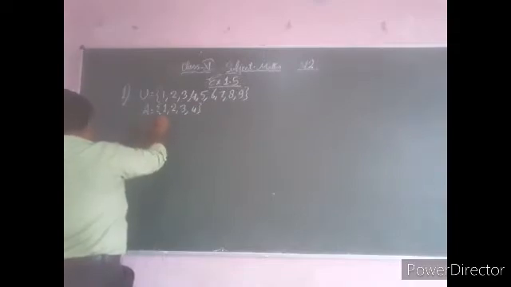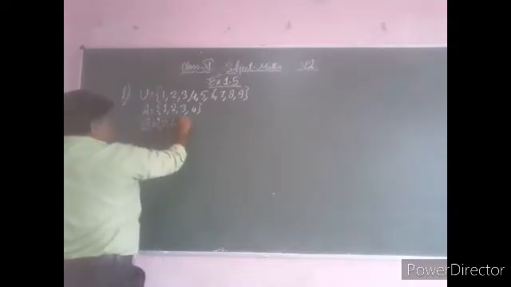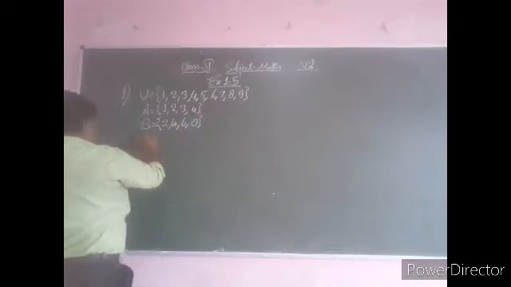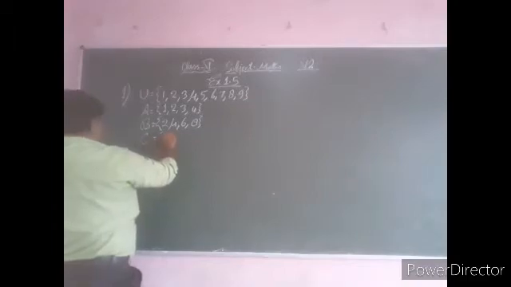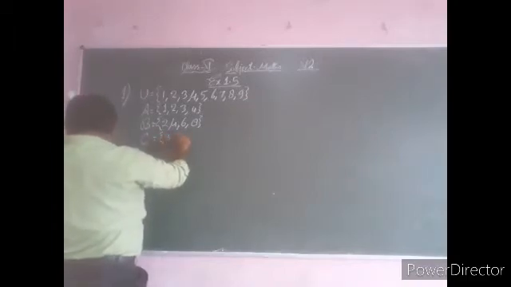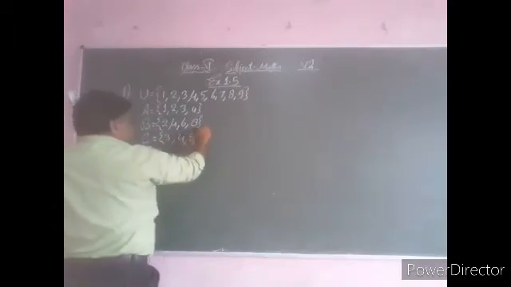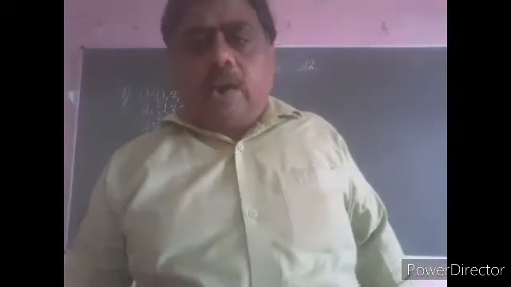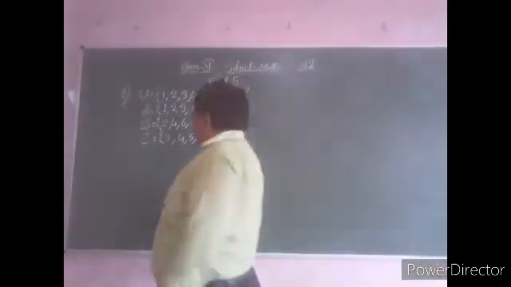B is equal to {2, 4, 6, 8}. C is equal to {3, 4, 5, 6}. It is given. Now we have to find out A complement.